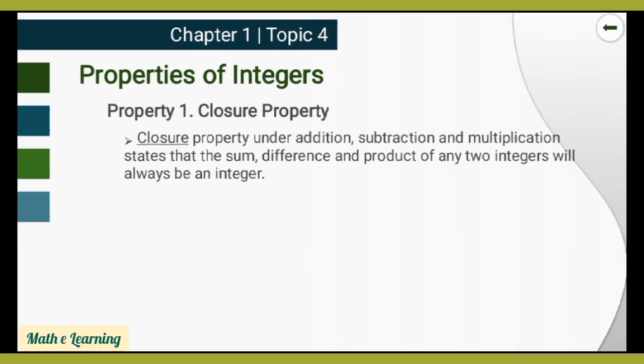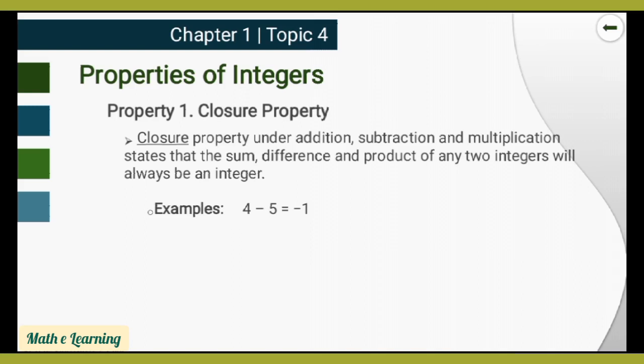Closure property under addition, subtraction and multiplication states that the sum, difference and product of any two integers will always be an integer. That means by doing addition, subtraction and multiplication of integers, you will always get an integer as the answer, right?